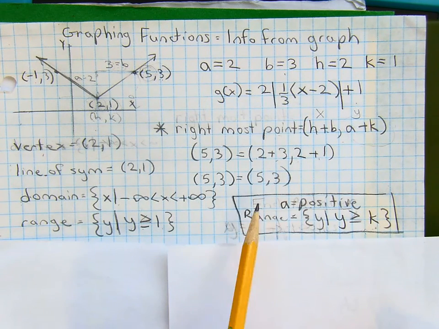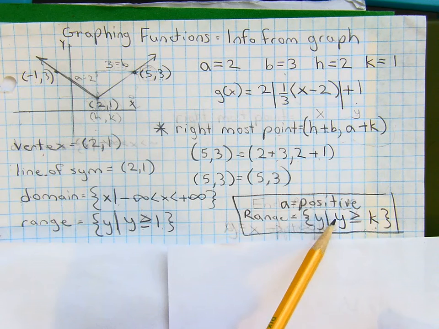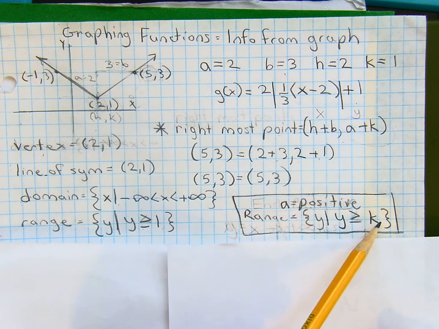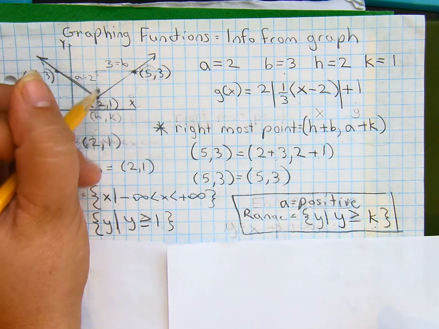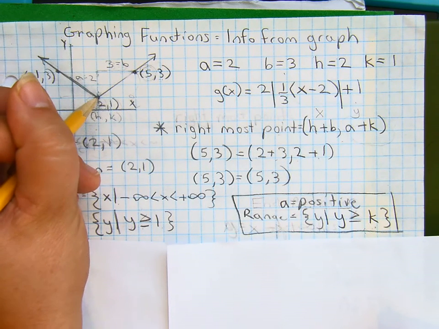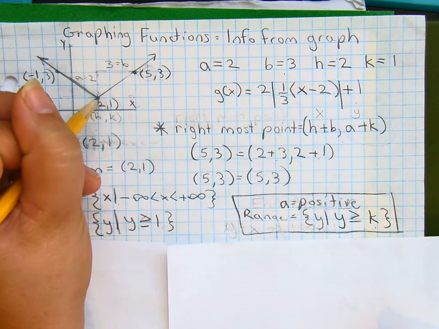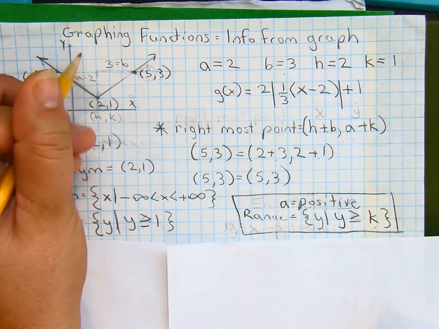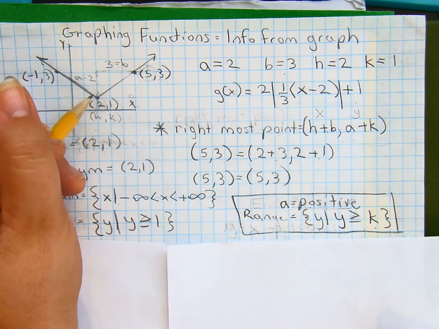My y, on the other hand, since a is positive, y is going to be greater than k. If you remember, k determines the rise and fall of the graph, so it indicates what values of y start the graph and either go up in this situation or later go down.